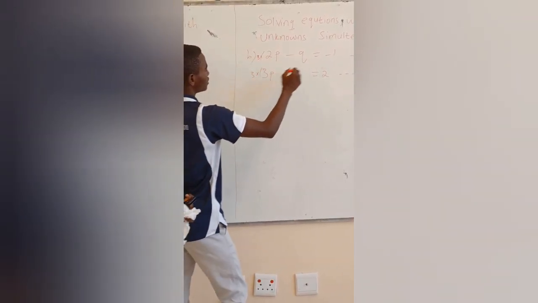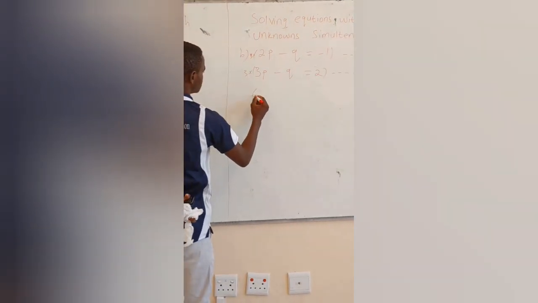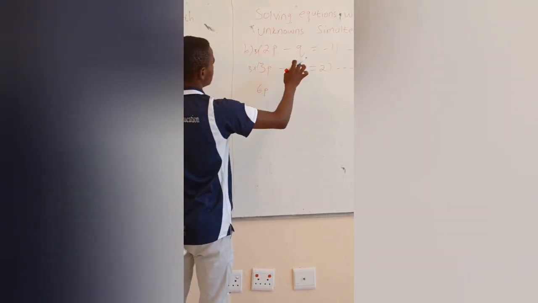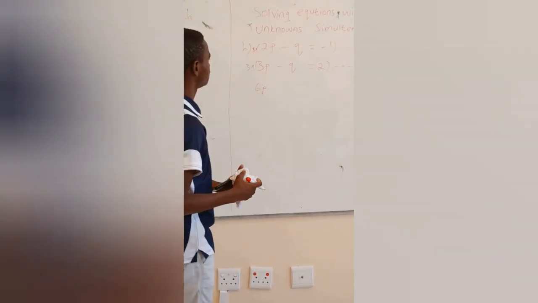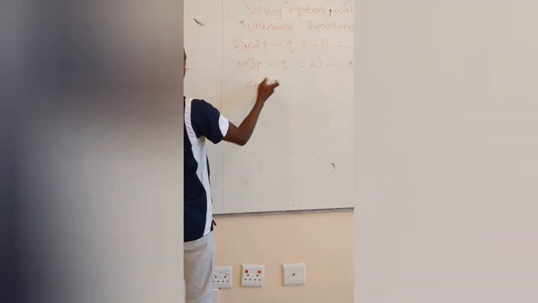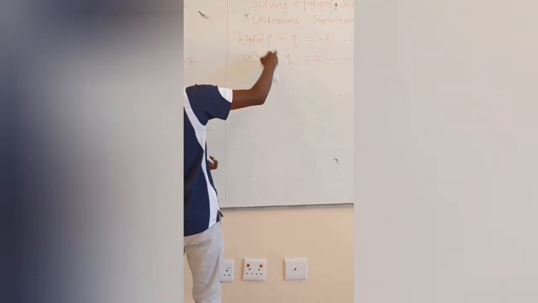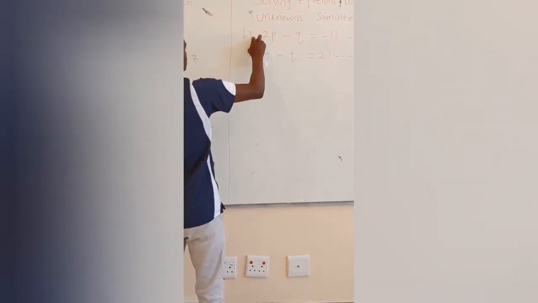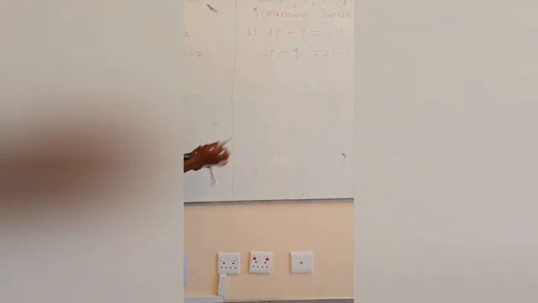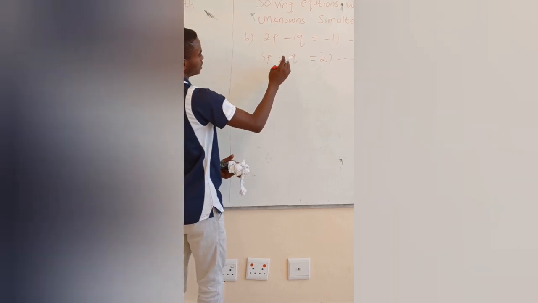When you are multiplying this, 3 times 2, you get 6p. 3 times negative q. Or here, you don't have to multiply really, because the second terms are already the same. They have the same whole number, there is an invisible one and an invisible one.